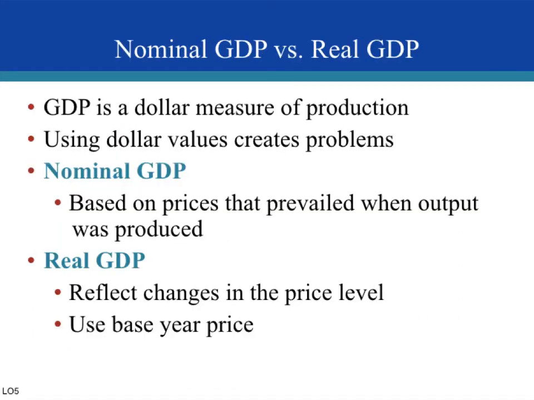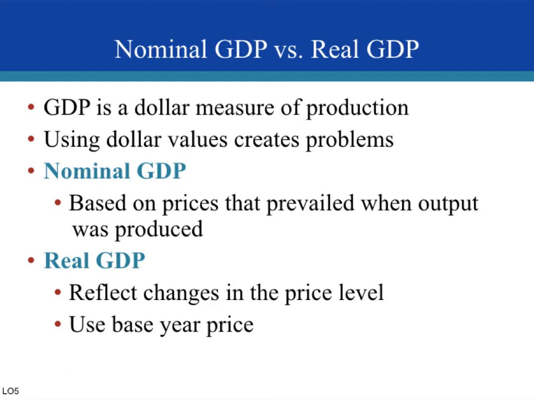All right, so we're going to look at nominal GDP versus real GDP. GDP, when it's stated, is the market value of all final goods and services in a given period of time. So GDP is a dollar measure, but it does create a little bit of a problem when we look at current GDP, because current GDP includes current year's prices and current year's production quantities.